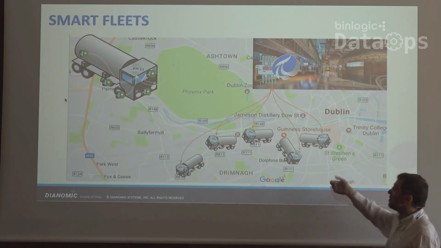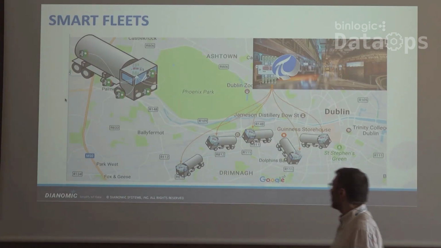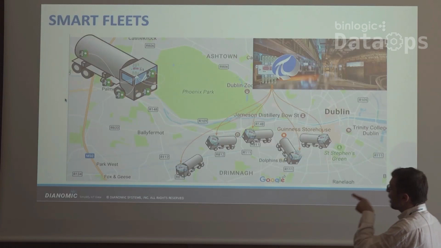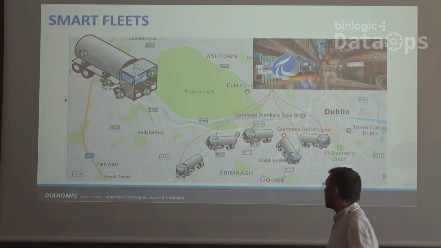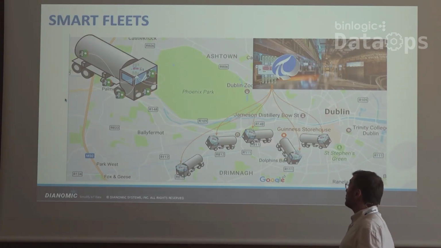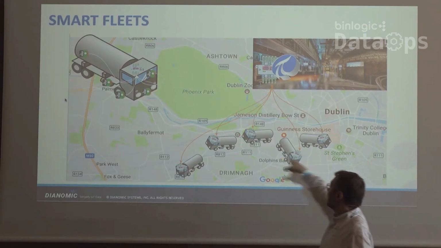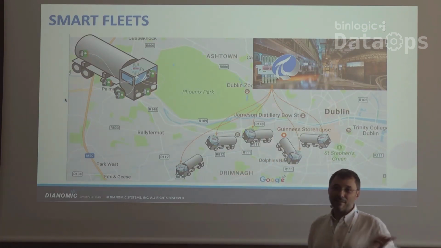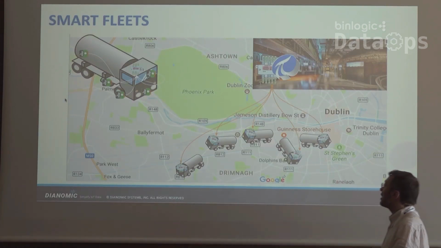Here is another example. This was actually presented for another event that we had with MySQL in Dublin. Of course, we had the plant of Dublin, and these are the lorries for the Guinness, sending beer everywhere.